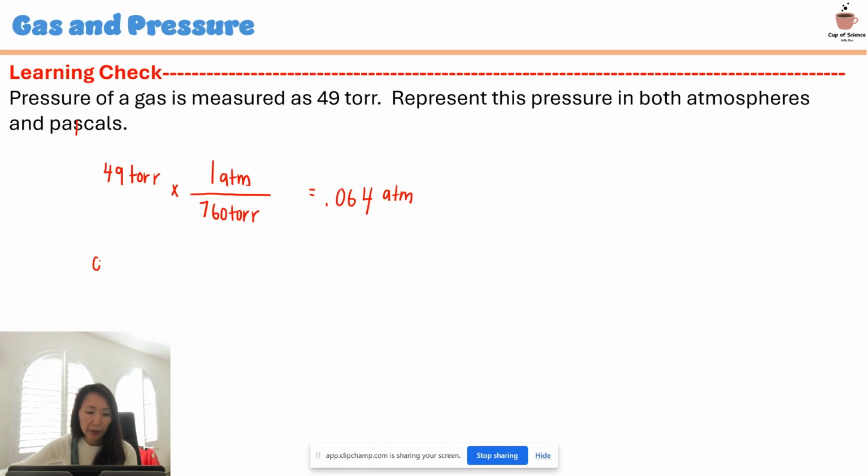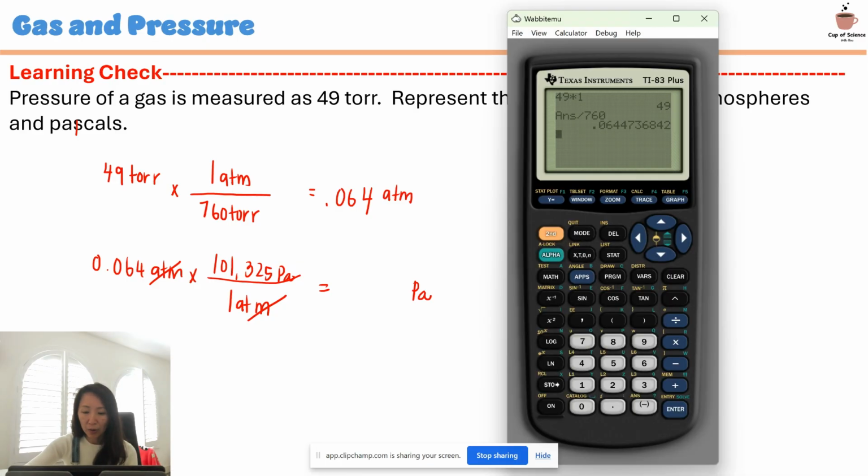So we have 0.064 ATM, and for every 1 ATM, there's a big number, 101,325 Pascal. So this way, ATM can cancel out, and we can be left with just Pascal. So let's punch this into the calculator. We have 0.064 times 101,325. Hit enter, and then you're going to divide that by 1, which will be the same.